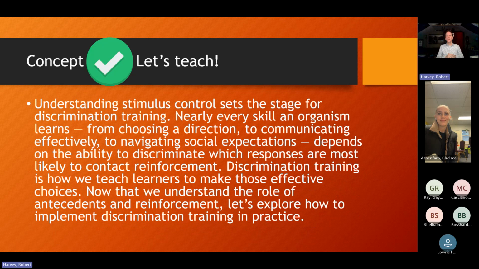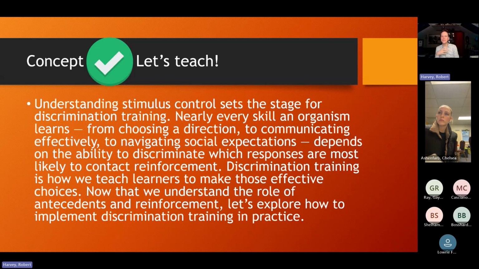All right. So now that we've talked about the concept, we're going to move more into teaching. Understanding stimulus control really is necessary. So this is discrimination training, and we haven't talked about discrimination training yet, but we couldn't do that until we really understood stimulus control. Because that's really where discrimination training comes from.